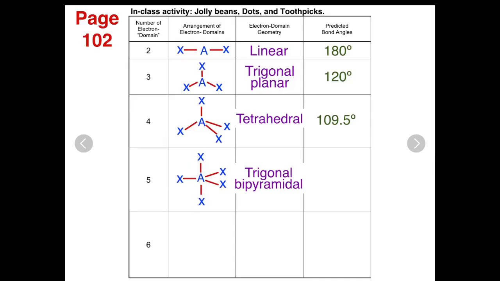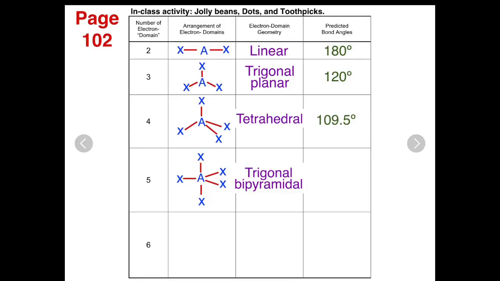If you look at this in three dimensions, the top one looks like a pyramid and the bottom one also looks like a pyramid. That's why we call it bipyramidal, because we have two pyramids on the trigonal base, or triangle base. So we call it trigonal bipyramidal.